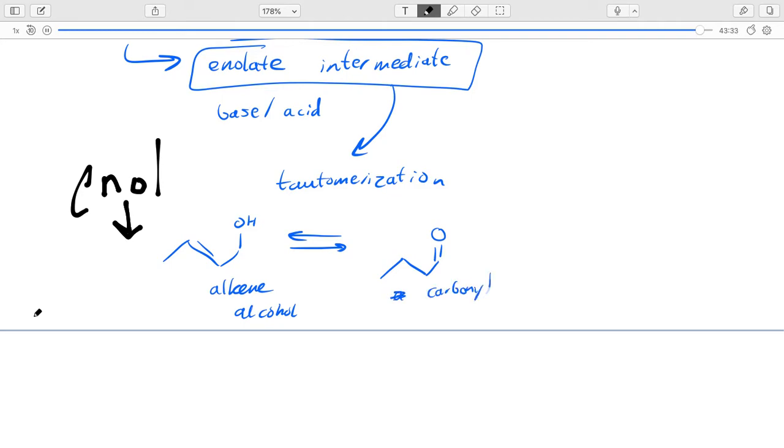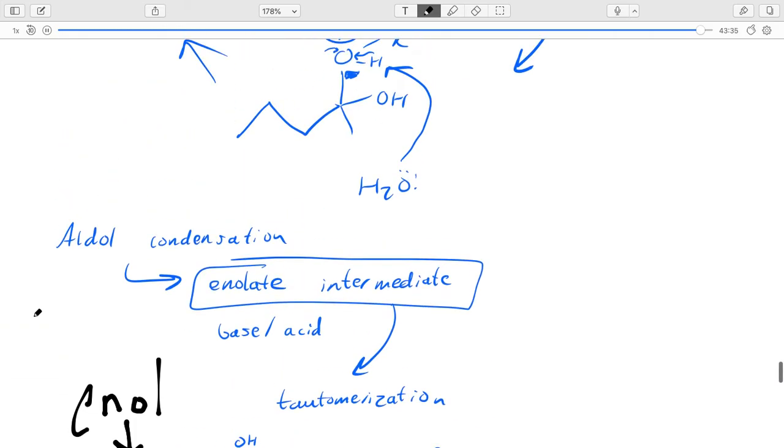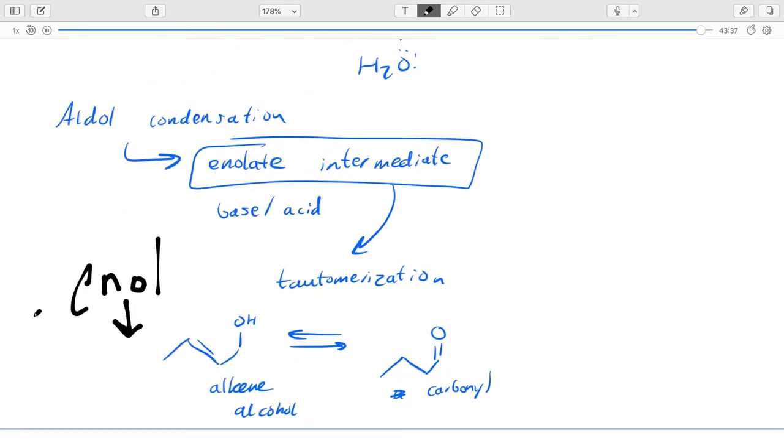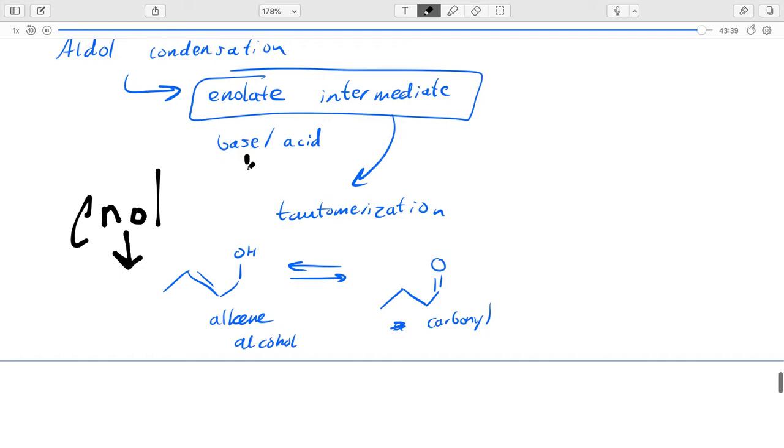We will need the acid or the base to assist in moving back and forth between both of them. But know that when we do have acid or base present, this is actually quite a quick process. And I do think I picked out a couple of problems relating to that. So look at that before you go take the test.